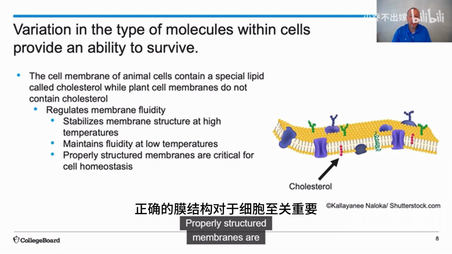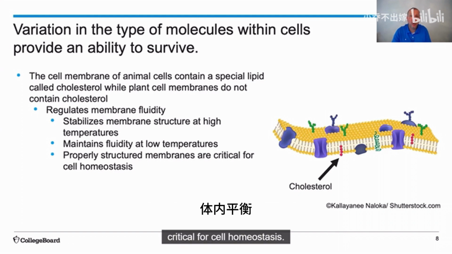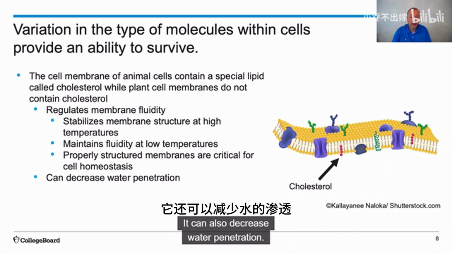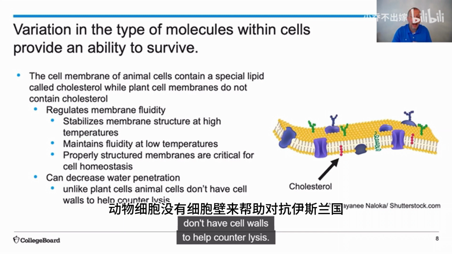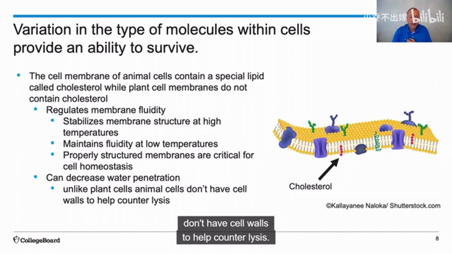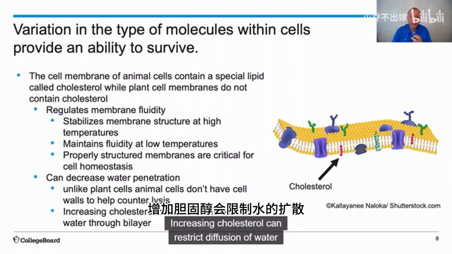Properly structured membranes are critical for cell homeostasis. It can also decrease water penetration. So unlike plant cells, animal cells don't have cell walls to help counter lysis. Increasing cholesterol can restrict diffusion of water through the bilayer.